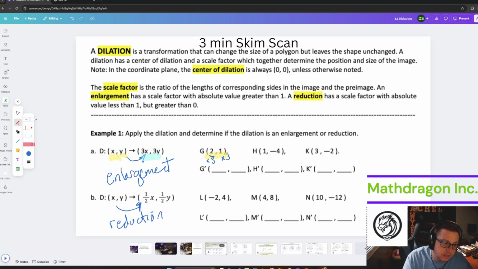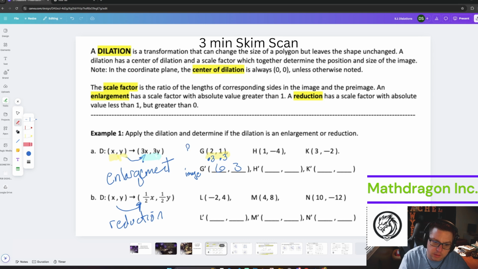Anytime you're doing a scale factor, it really should be the same value. So both the x and the y should get multiplied by the same value. We multiply by 3, and we're left with 6, 3, which is our new G prime. That's going to be our image.